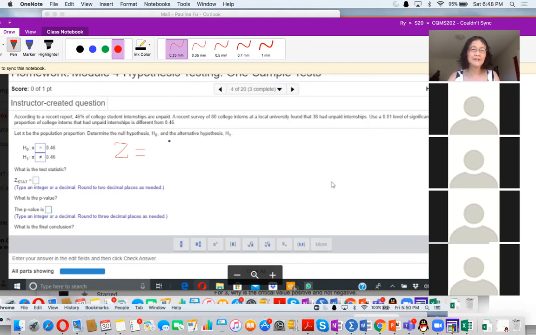The formula is z equals sample proportion p, minus population proportion pi, divided by the square root of pi times 1 minus pi over sample size, okay.